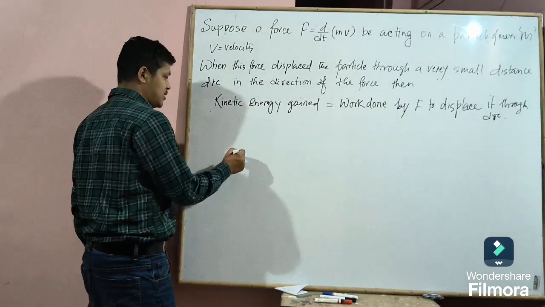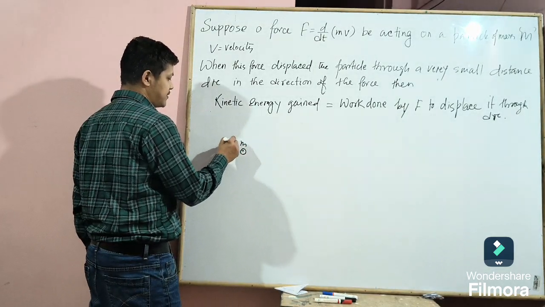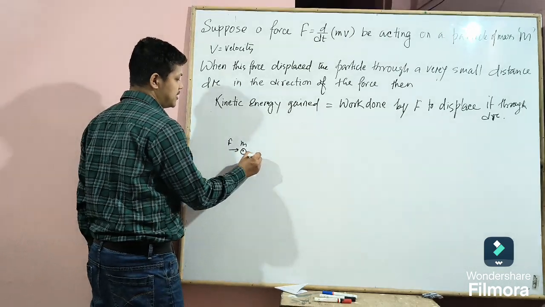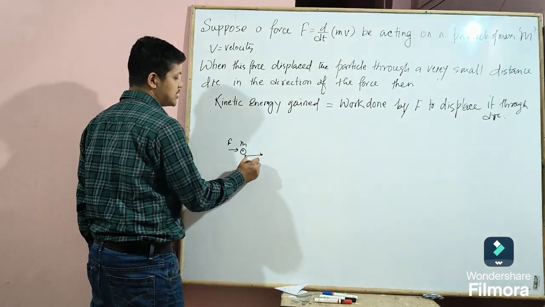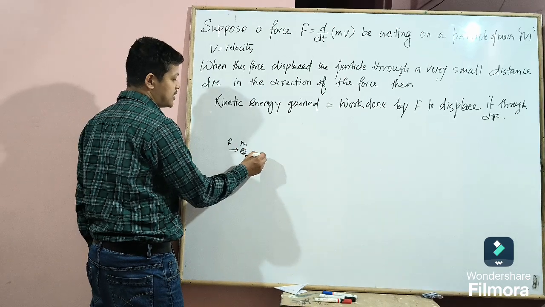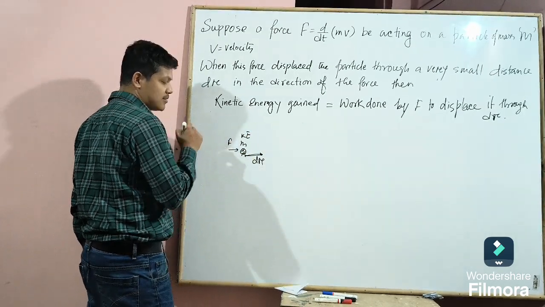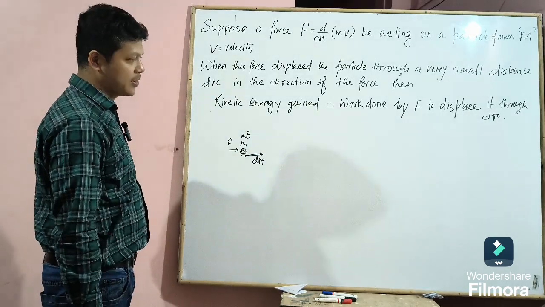This is the particle of mass m. When this force F acts on it, if it displaces through a very small distance dr, then the work done to displace it through dr will be equal to the kinetic energy gained by this particle. I hope you have understood this.